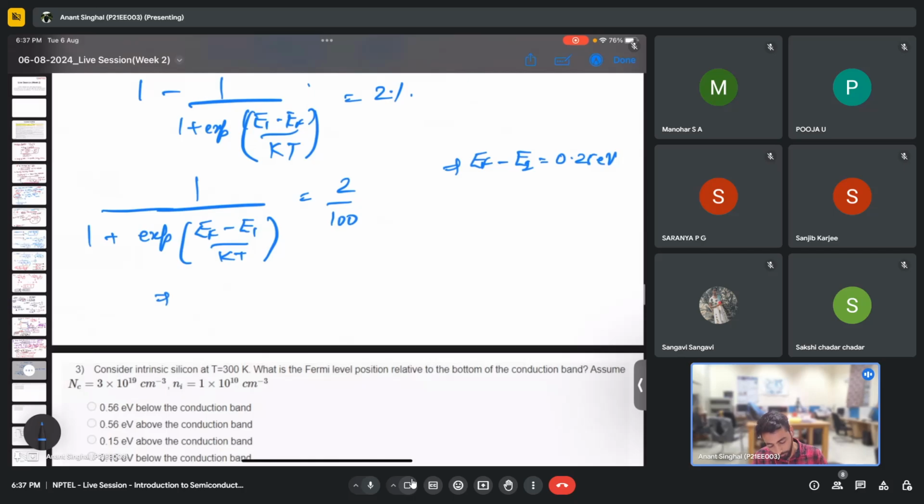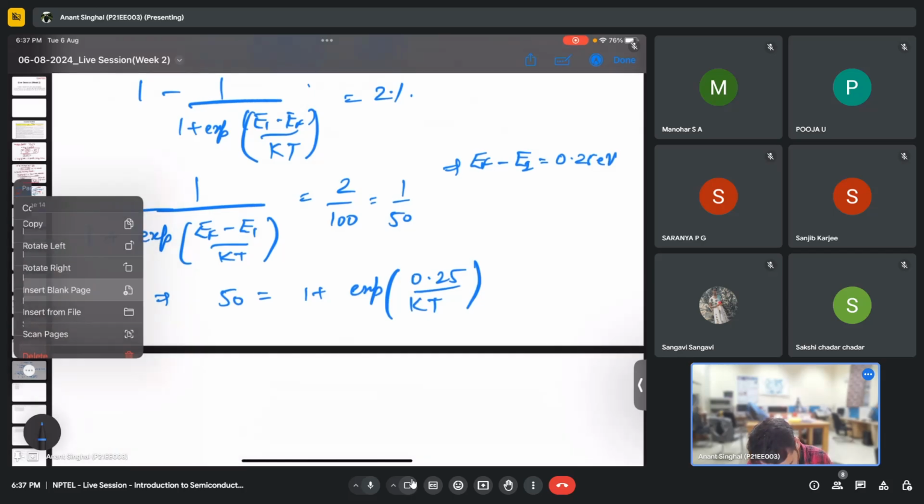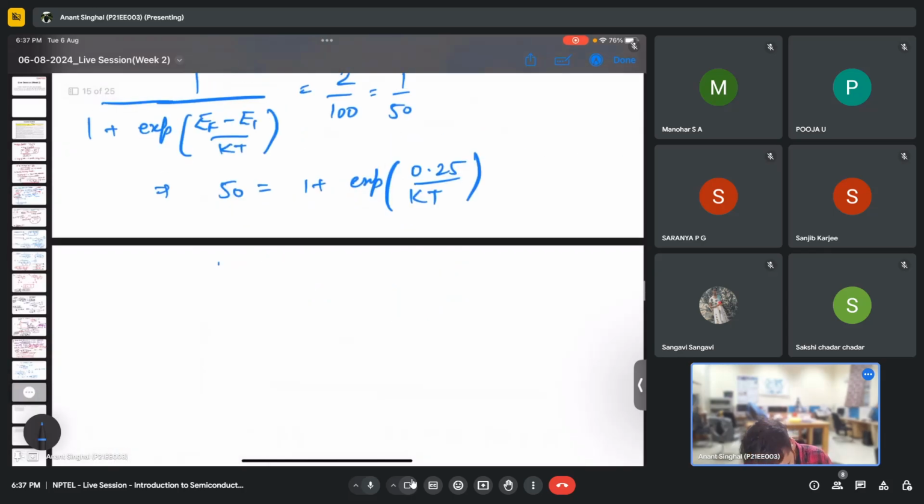So what I can write here is, this is nothing but 1 by 50. 50 comes to the LHS, then this will be 1 plus exponential of 0.25 electron volts over kT, which will give me 49, and if I take the log on both sides, it is 0.25 over kT.